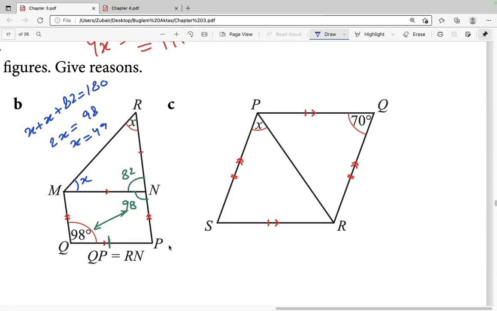Correct. There are different approaches. Bring X here as alternate, X here as isosceles, and then we can solve this. Or we can bring this 70 here, write X here, and then we can again solve them. That's 55.